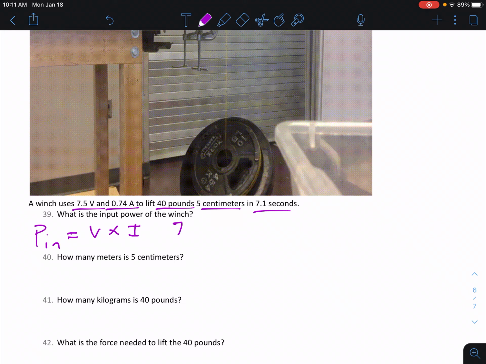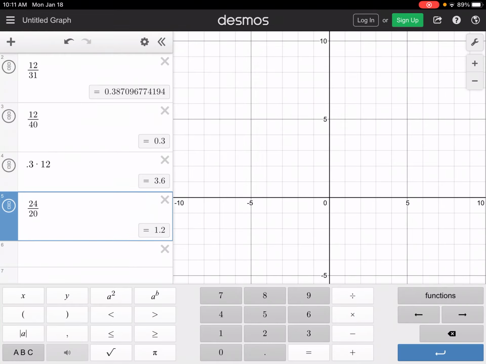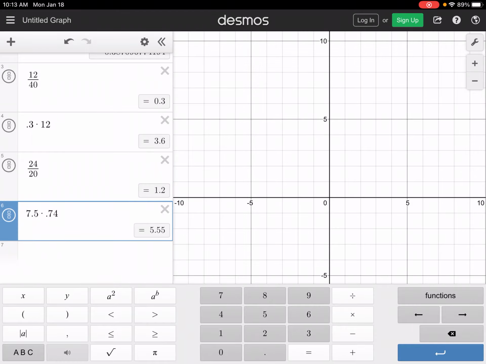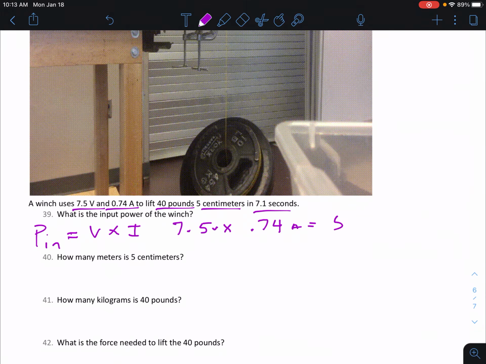We're given the voltage is 7.5 volts times the current is 0.74 amps. 7.5 multiplied by 0.74 gives us 5.55. Voltage times current is our unit of power, which is watts. That's what the W stands for.